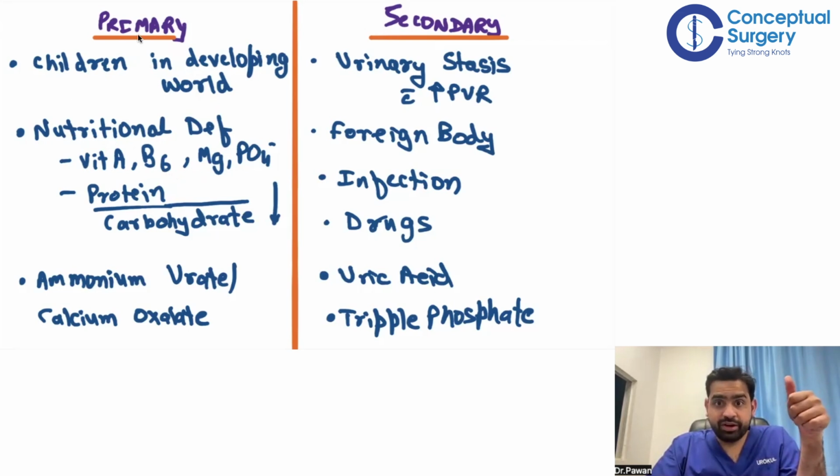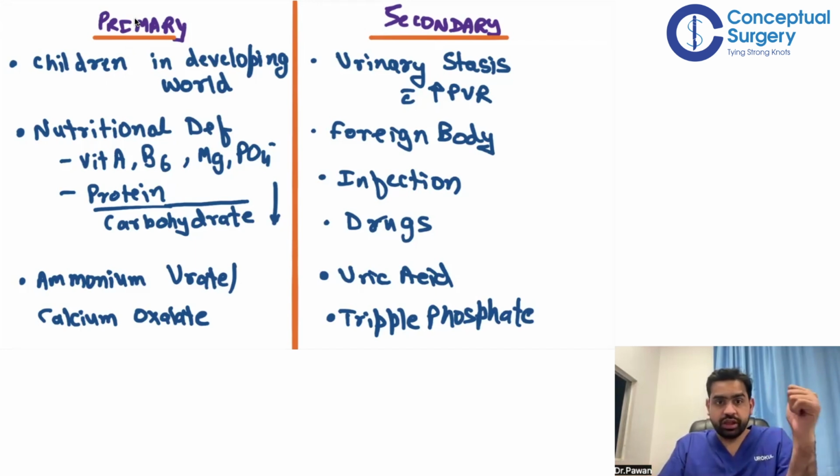Is primary bladder calculus more common in males or females? Please understand, primary bladder calculus is much more common in males as compared to females. So primary bladder calculi is the one which happens in the absence of any bladder or urinary tract pathology.